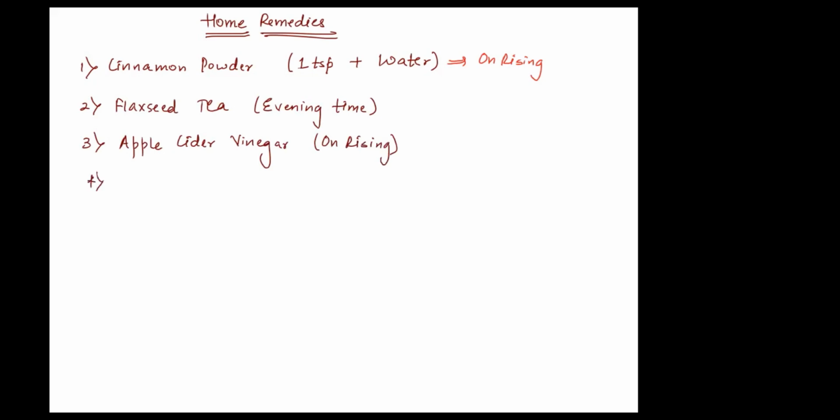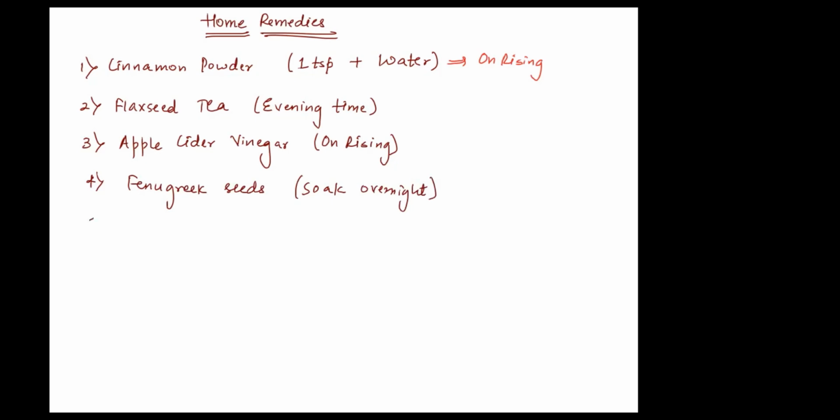Fourth, you could give fenugreek tea, or fenugreek seeds are also fine. If you are soaking them overnight in water and having this water in the morning, even that is beneficial.